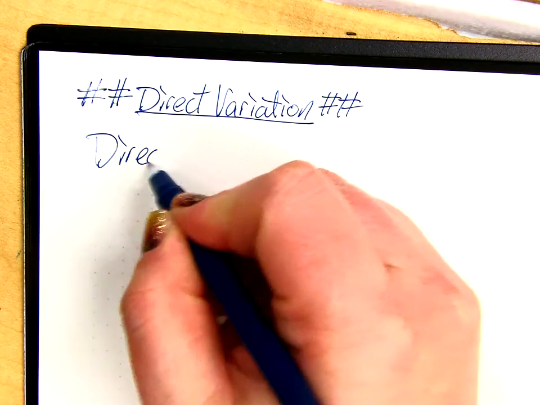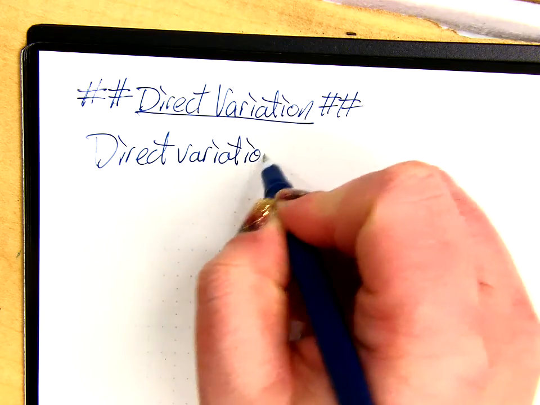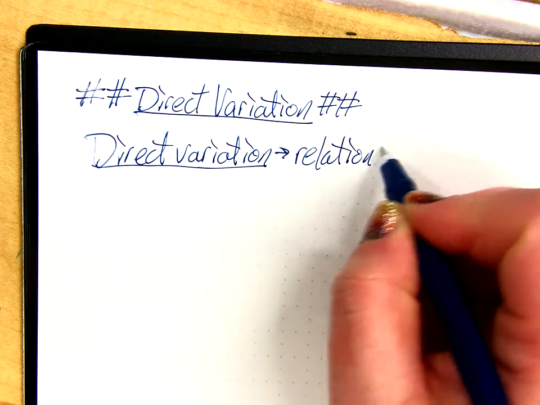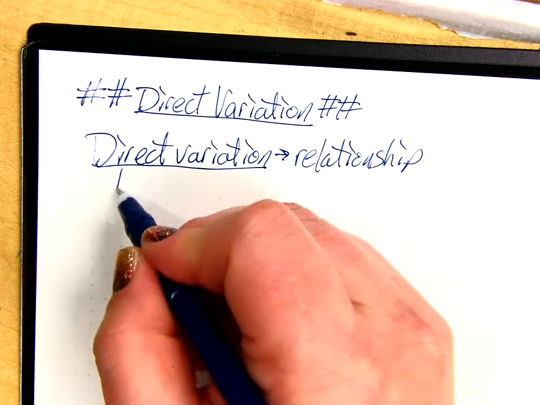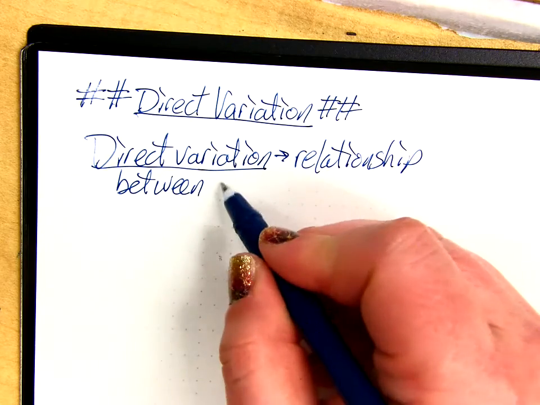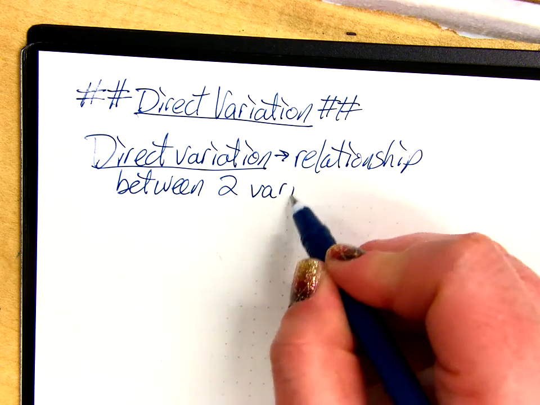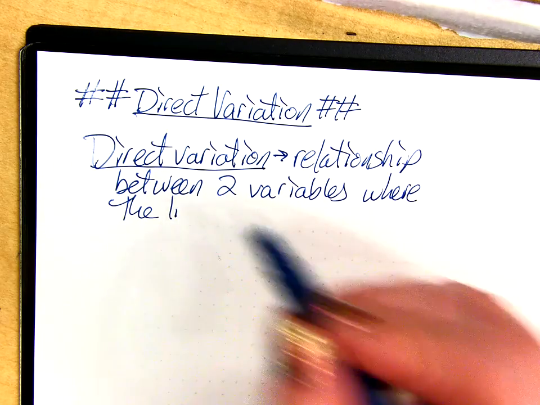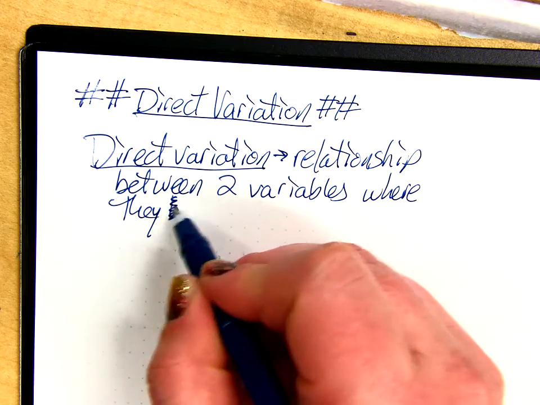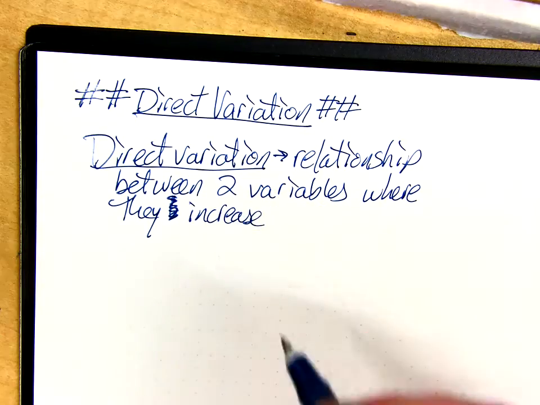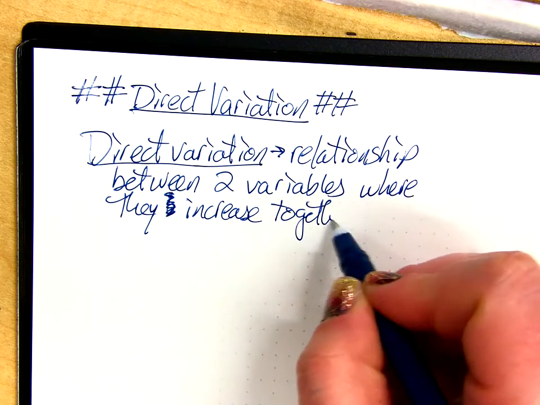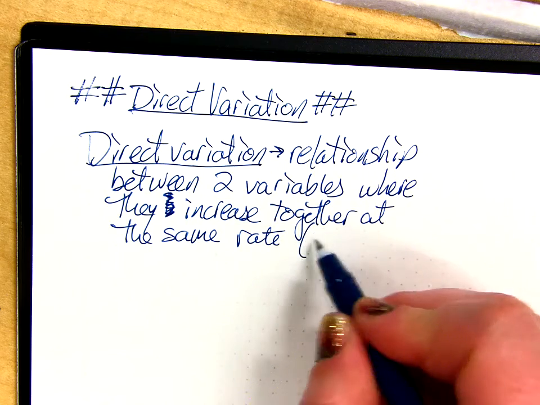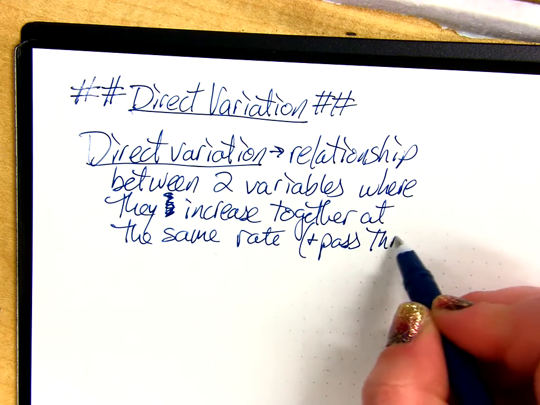So, direct variation: a relationship between two variables where they increase together at the same rate and pass through the origin.